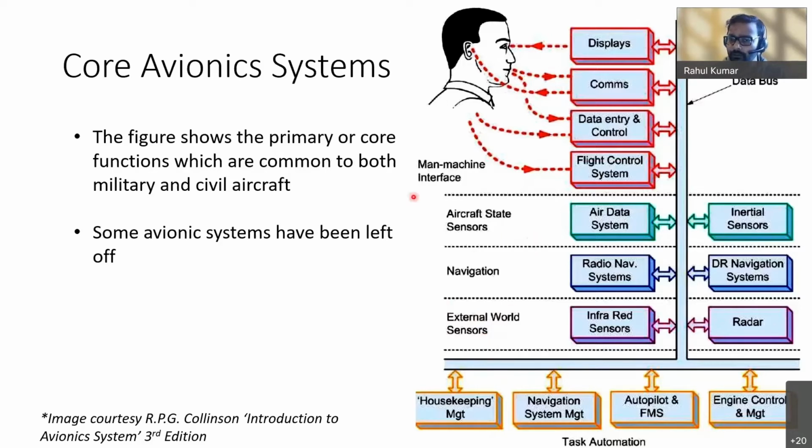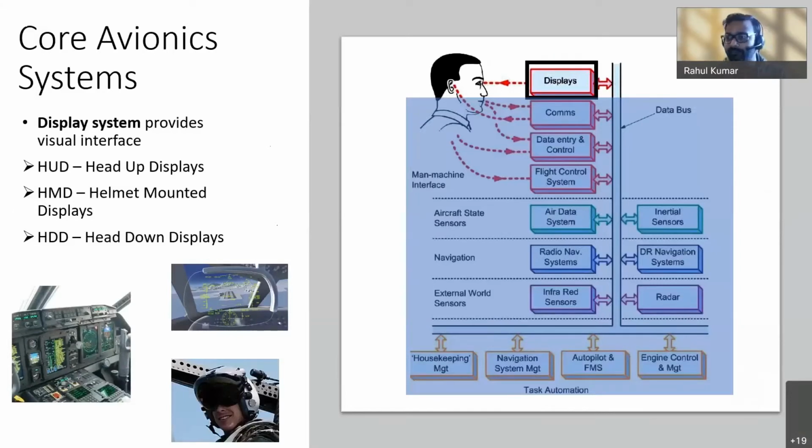So although this picture represents most of the core avionics systems, some of them are missing, they are not represented in this picture, right? But obviously this was the best one I could find to give you an overview of the different avionics systems. So I'm using it, right?